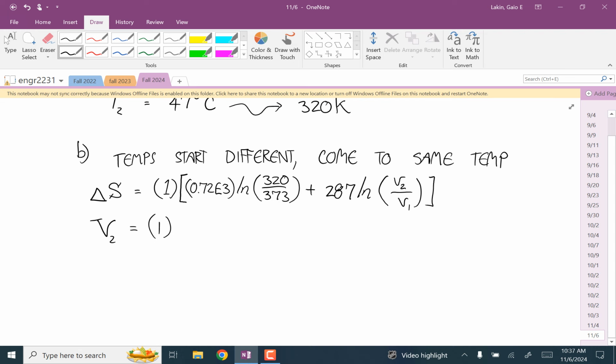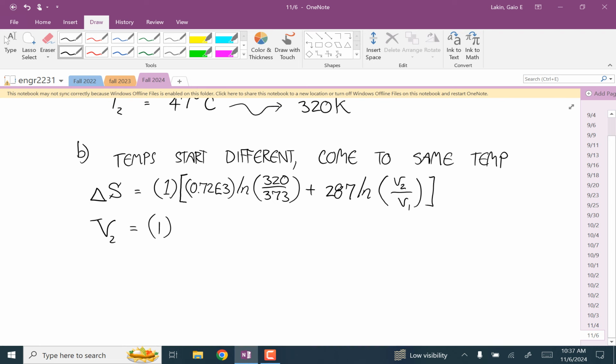We could use the ideal gas law twice to find the starting pressure and ending pressure. Or we could use the fact that 1/3 of the total mass is going to take up 1/3 of the total volume.